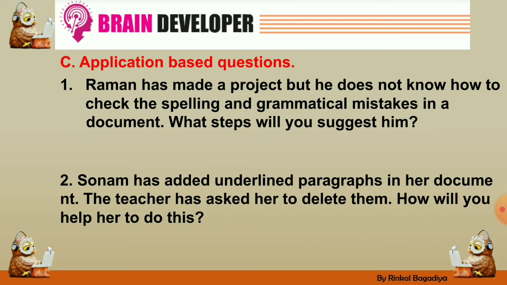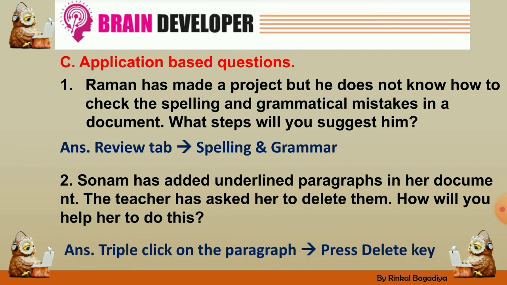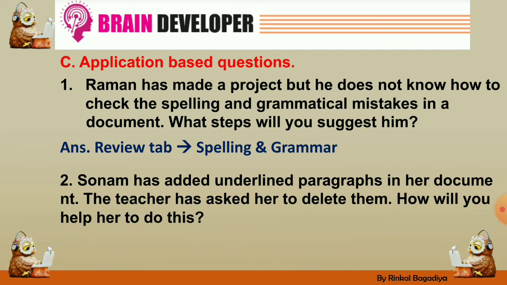The answer is, first he has to go to the review tab, and in the review tab there is the option spelling and grammar. Using this option he can check spelling and grammatical mistakes in his document. So write down answer 1: go to review tab first, then select spelling and grammar option.